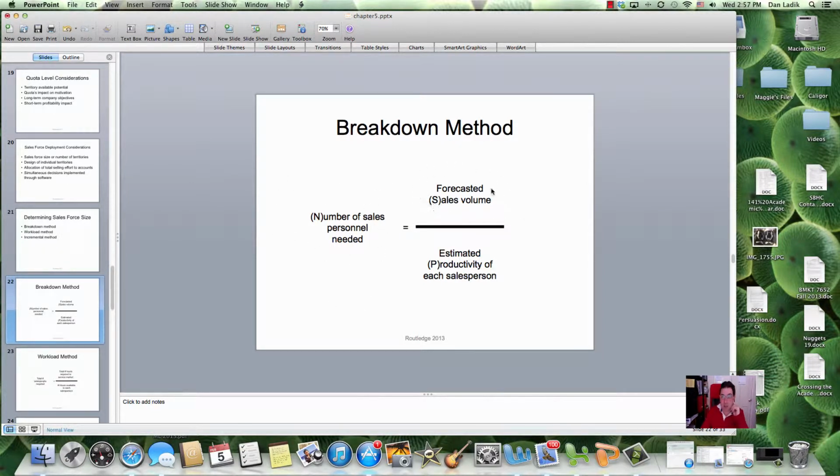We have the sales forecast, and we have some estimate of productivity. It depends on how you want to define productivity, but I'll have a couple slides later where I'll show you an example. This is based on historical records of salespeople. This is the forecast that is given to the company, however it is determined. And based on this is the number of salespeople that you need.